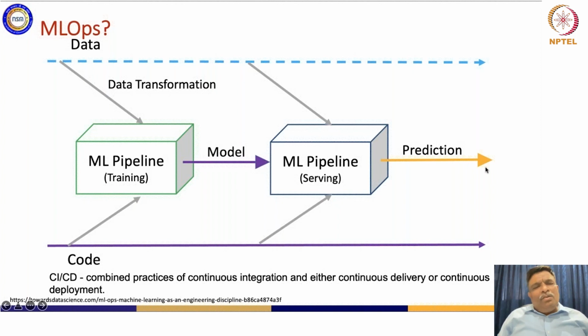So this is CI/CD, the combined practice of continuous integration and continuous delivery or continuous deployment. Try understanding that as we go along this axis, you should go on doing so many things, right? You should have continuous integration, continuous delivery, continuous deployment.